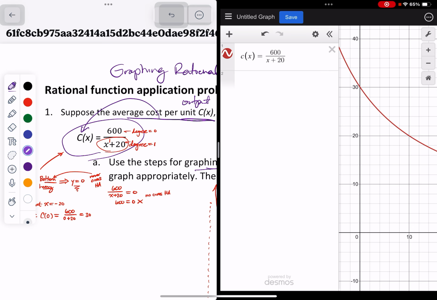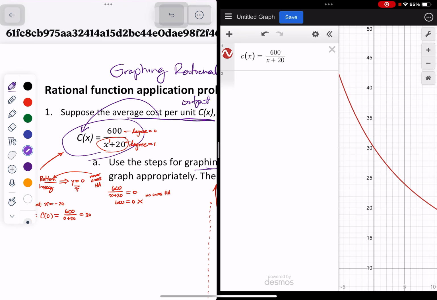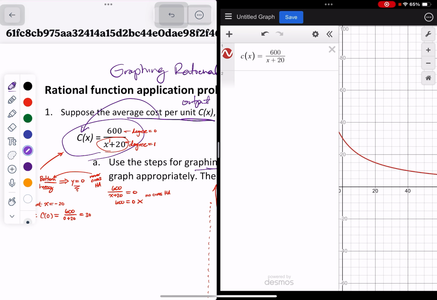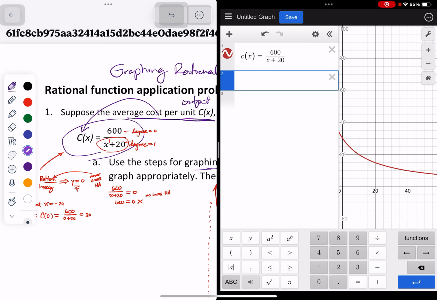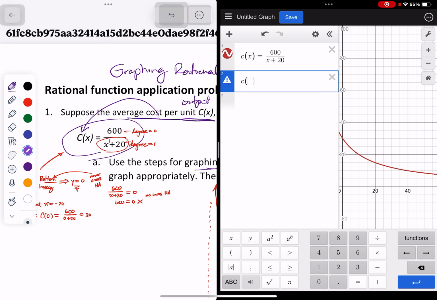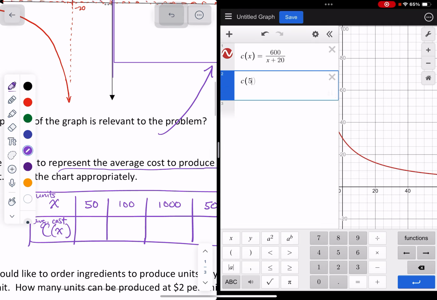If you do it this way, our life is going to be a lot easier. So notice we actually got that pretty good. It goes through 30, and then it does this sort of downward sloping thing. If you define your function this way, like you actually give it a name, all you got to do now is do C parentheses, and what's the first number? 50. And it will plug that number in for you.